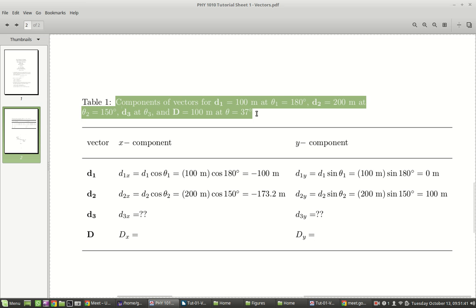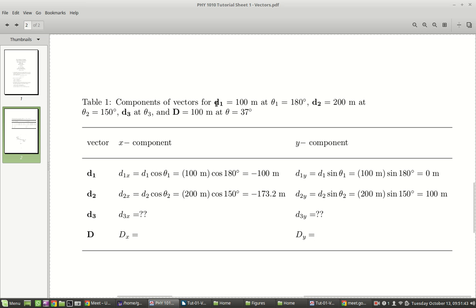So we have vector D1 at 100 meters, and theta 1 is 180 degrees. D2 has got 200 meters size at an angle of 150 degrees. D3, it's at an angle we do not know, theta 3, but we have got D, 100 meters at an angle of 37 degrees.